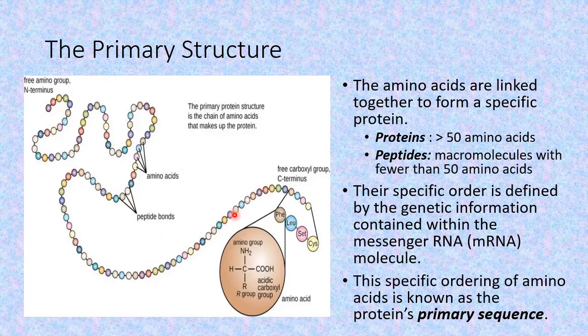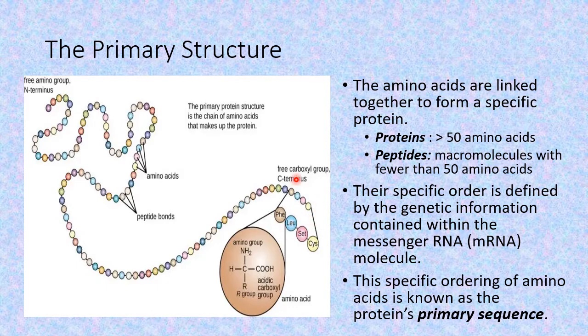This basic structure in which various amino acids are linked to each other is known as the primary structure or the 1D structure of proteins.